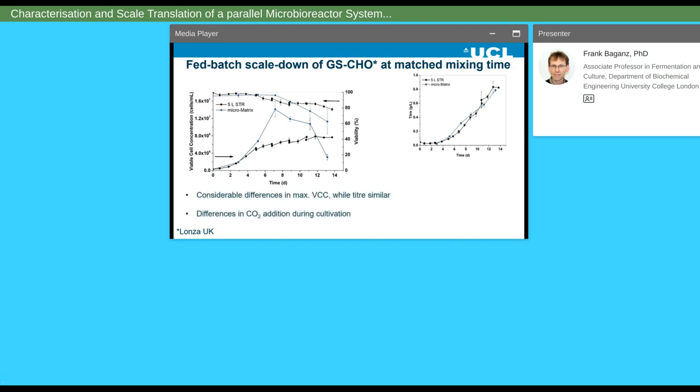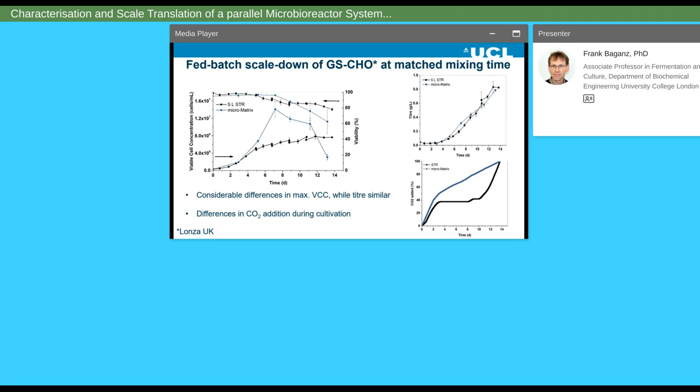Closer inspection of the carbon dioxide addition profile showed large differences between the stir tank reactor and the micromatrix. This figure shows the CO2 is continuously added via overlay in the micromatrix due to the manual bolus additions of base.